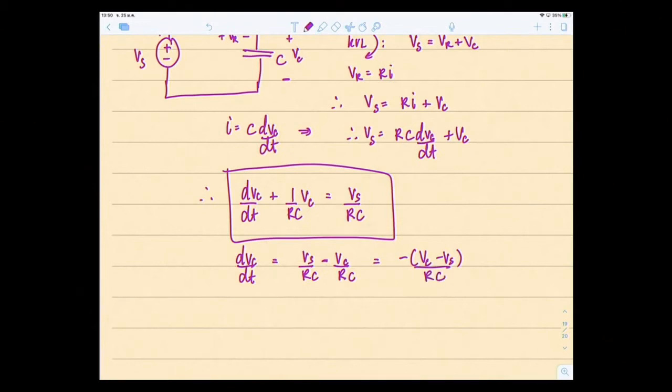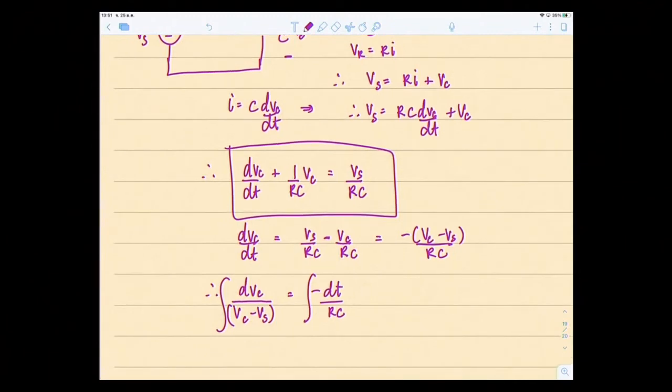Okay, so therefore, separate the variables again. You have dVc over (Vc minus Vs) equal to minus dt over RC. Integrate both sides from t equal to 0 to t.